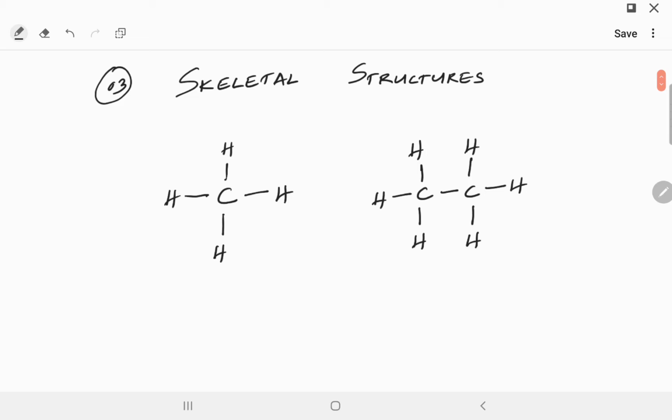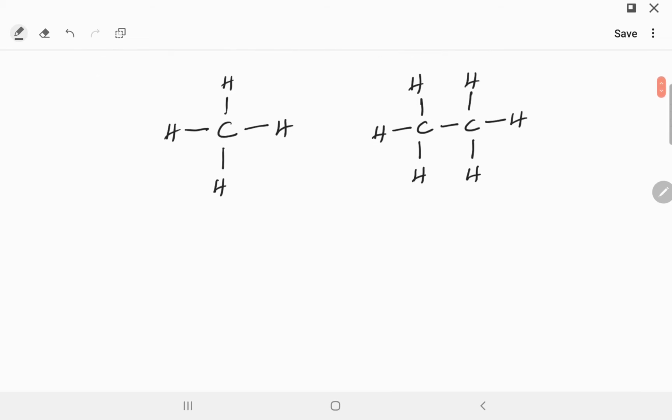So this is very simple. You will always draw 4 bonds to carbon, and then attach an atom or a group of atoms to each of those bonds. The easiest way to draw the 4 bonds is by drawing them perpendicular to each other, in 90-degree angles, and then attach the other atoms to it.